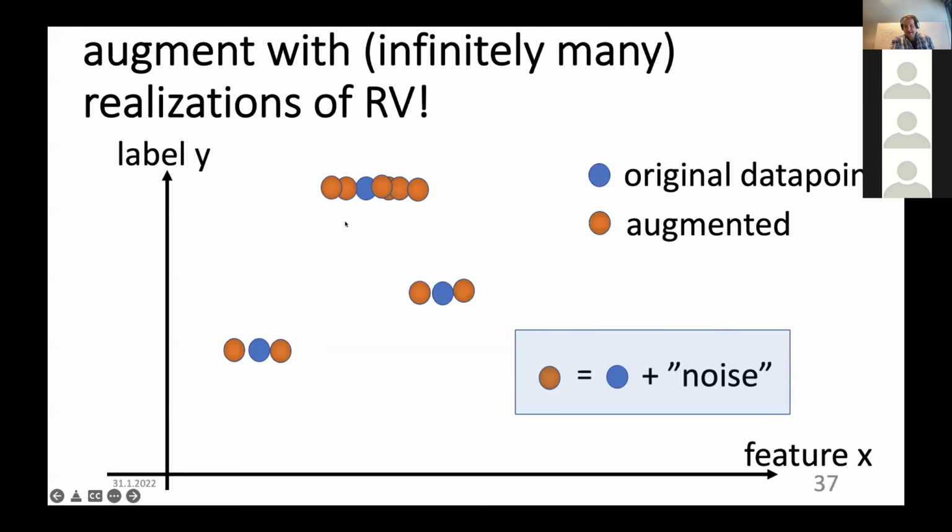And so we get an augmentation factor of infinity, because we replace this single blue data point by all possible realizations of a Gaussian distribution. And you can infinitely often draw from a Gaussian distribution. There's no limit to it. If you have a random number generator, you just draw one draw after the other, get a new realization of a noise term, add it to the blue data point, and you get a perturbed data point.